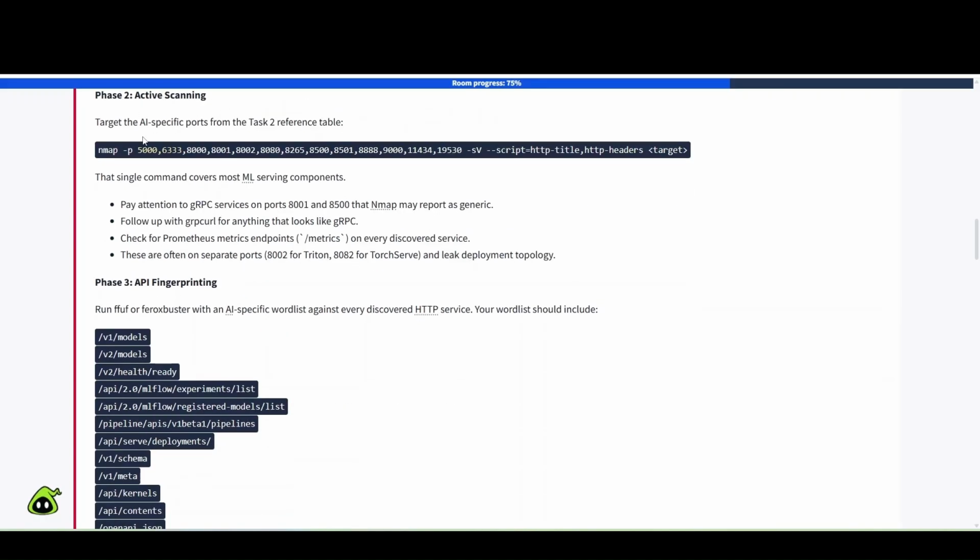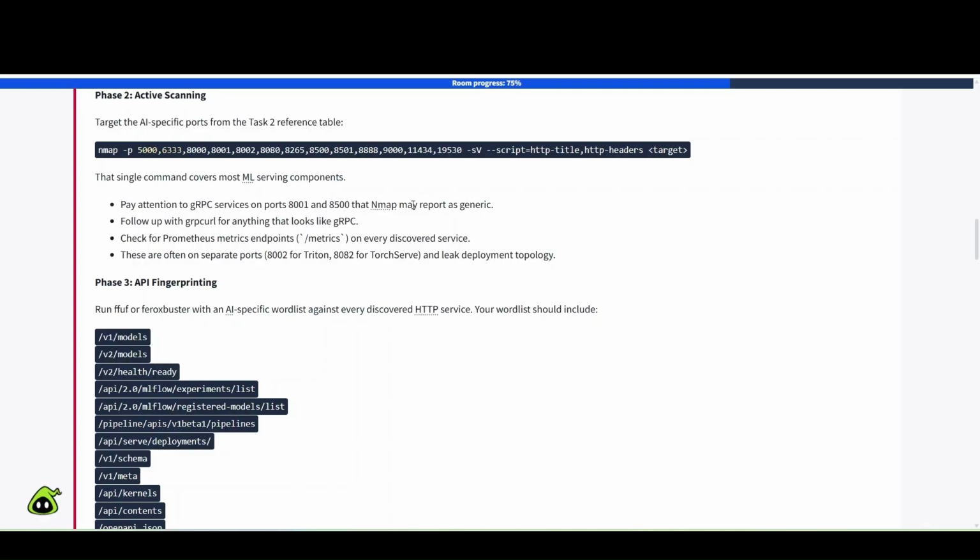Phase 2, active scanning. Target the AI-specific ports from the task 2 reference table. They did it with Nmap here, and you can see the Nmap command. That single command covers most ML serving components. Pay attention to gRPC services on ports 8001 and 8500 that Nmap may report as generic.